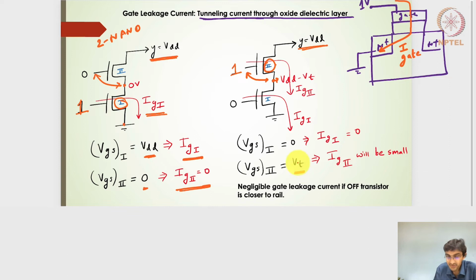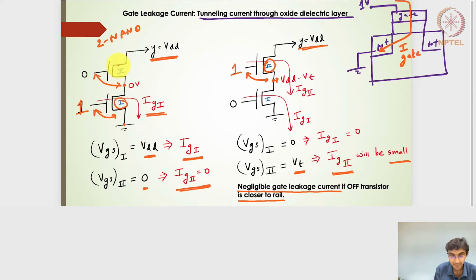If the VT value is closer to 0 volts, the gate leakage current will be very, very small, and we tend to ignore that. So what we are saying is that negligible gate leakage current is evaluated if the off transistor is closer to the rail. In the earlier case, I had a VGS value of VDD, so I got the gate leakage current.